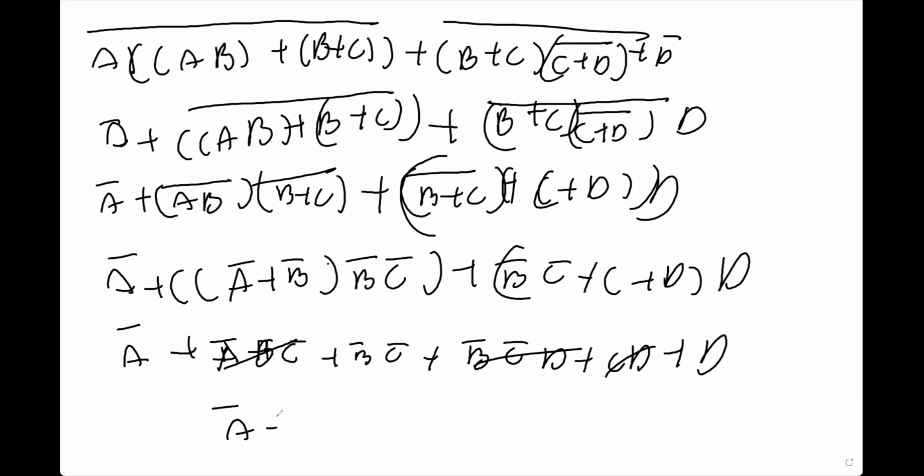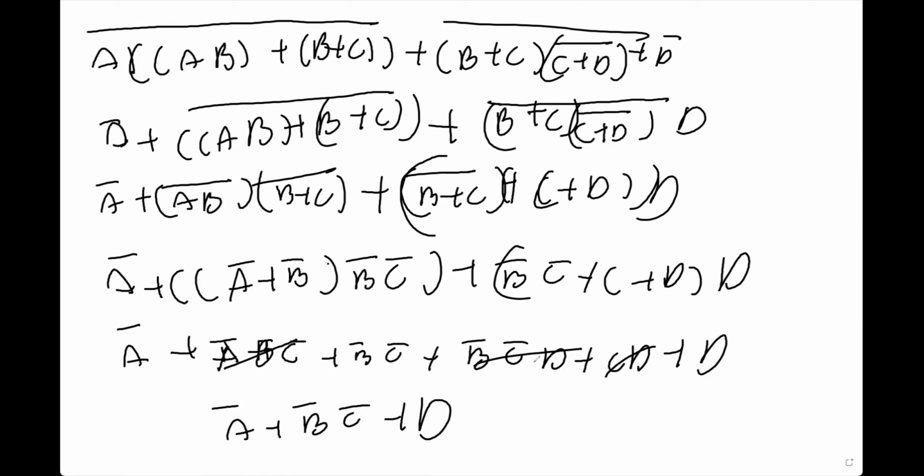So we were left with not A plus not B, C plus D. And if you use the truth table, plugging in the given numbers to see what doesn't work, you'll see that 3 ordered triples will make it false.